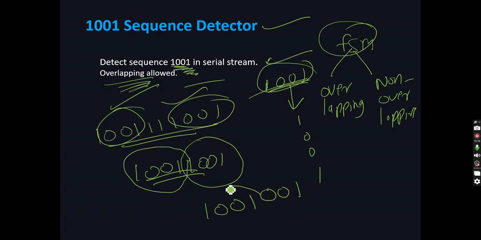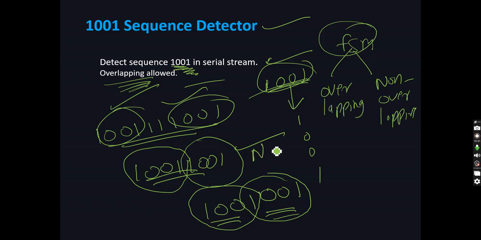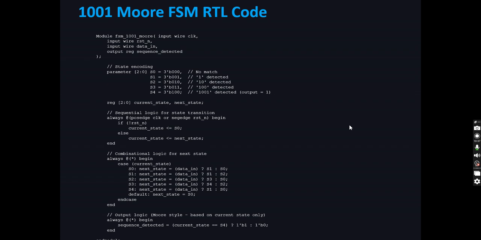If you consider overlapping, we detect 1001, and whatever detected bits we reuse, we detect 1001 again. So this is overlapping and this is non-overlapping. These are the types of sequence detectors we have.